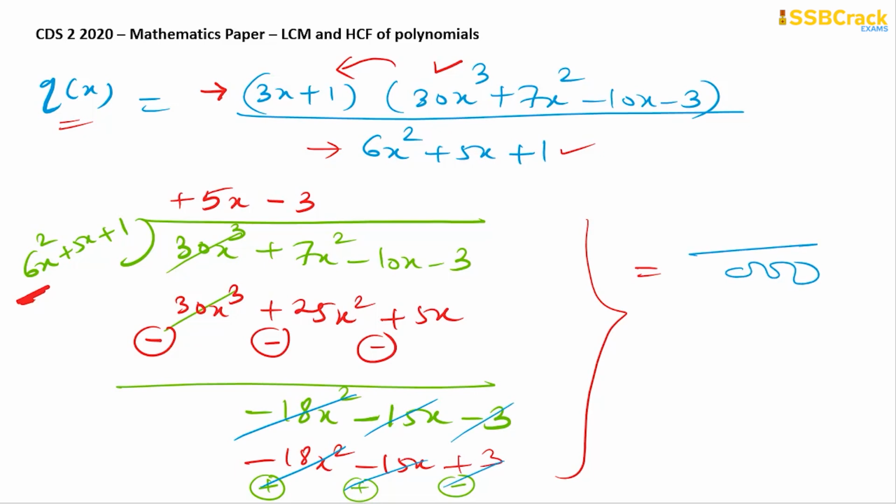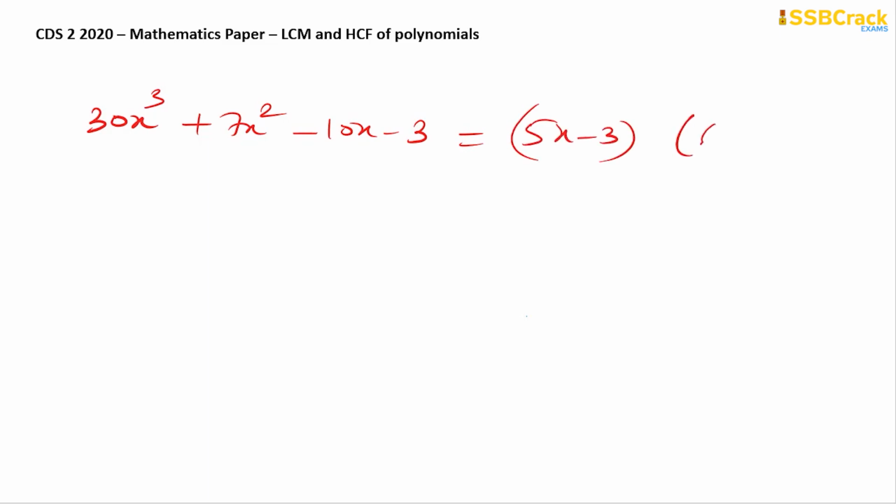Means what do we obtain? We obtain that this polynomial 30x³ + 7x² − 10x − 3 can be written as the product (5x − 3) multiplied by (6x² + 5x + 1), because the remainder of this division is 0.